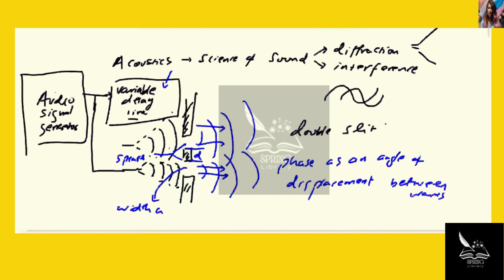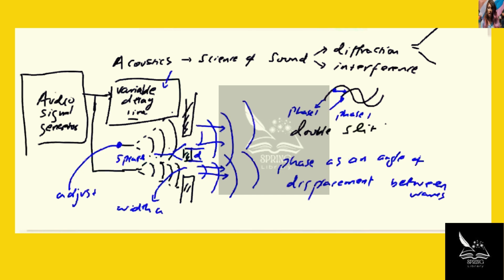For example, this wave right here can have a phase 1, and then this wave has a phase 2. So that's the angle that they're moving, and there's a gap between them in terms of the phase angles. And for one of these speakers, we can adjust the phase, so it's variable. Variable is something that's changing.